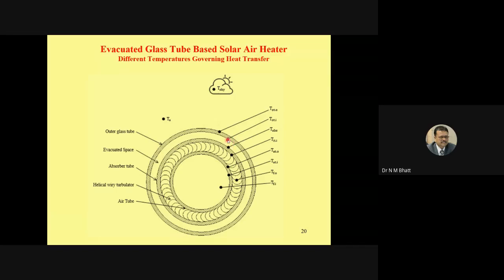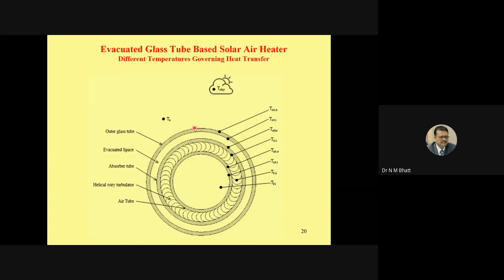Because of this re-radiation, as well as when the solar radiation is falling on this particular cover tube or outer glass tube, a certain amount of radiation is reflected. Because this is glass, it will have all three: absorptivity, reflectivity, and transmittivity, each with some number.